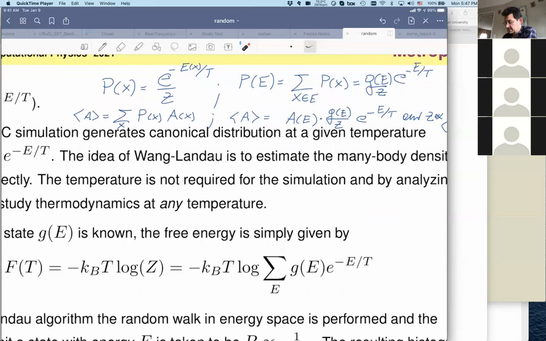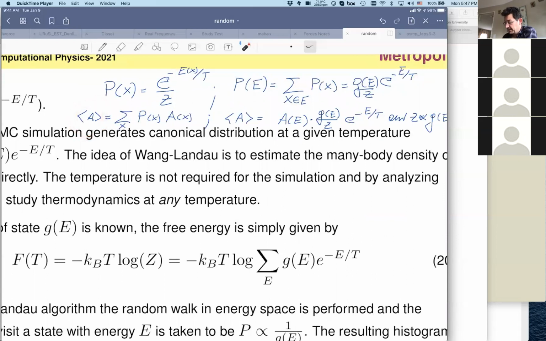So we want to calculate some average quantity A, and we calculate it as the sum over X of the probability of X, which is Boltzmann, e to the minus E(X) over T, divided by Z, times A of X. Isn't that so? That's what we were doing right now. Okay, and now we realize that there are lots of these X's that have exactly the same energy, and therefore, let's say that this quantity A depends not directly on a configuration, but only on energy.